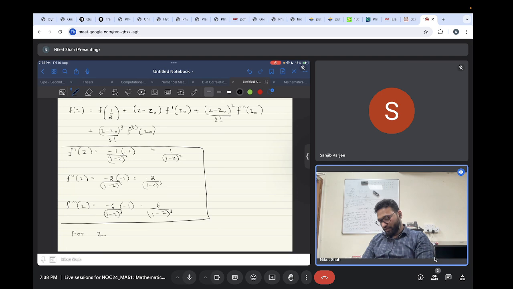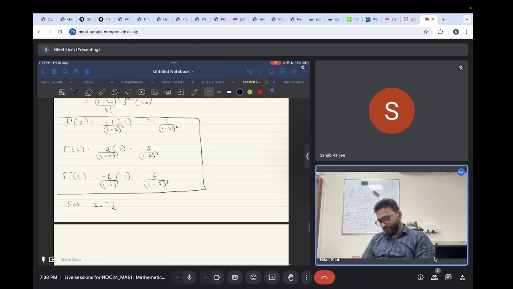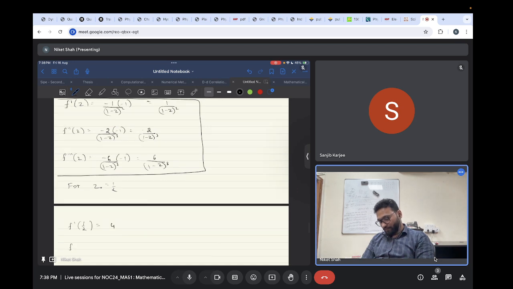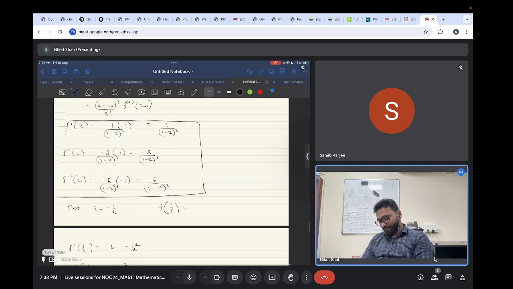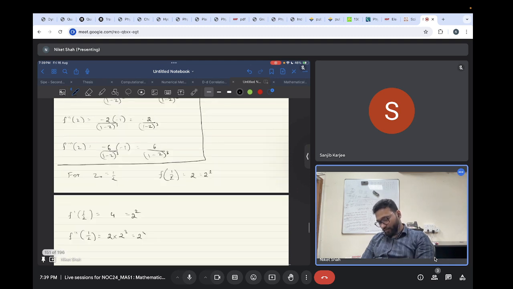Now for z0 is equal to half, f prime of half is equal to 4, the double prime of half is equal to 2 into 2 cube, so 2 raised to power 4. This is 2 square. F of half is what? 2, which is 2 raised to power 1. So we can see a pattern emerging.